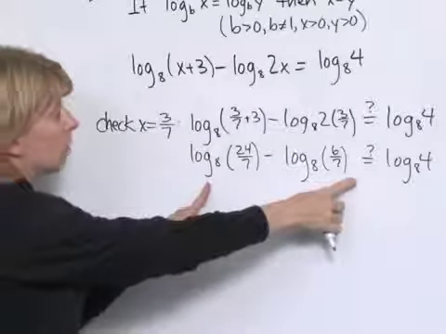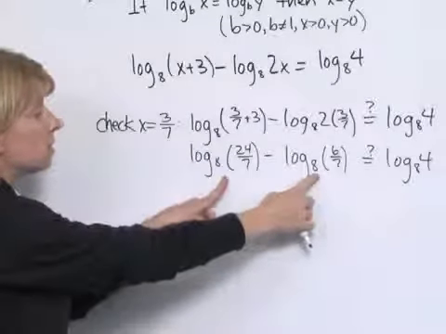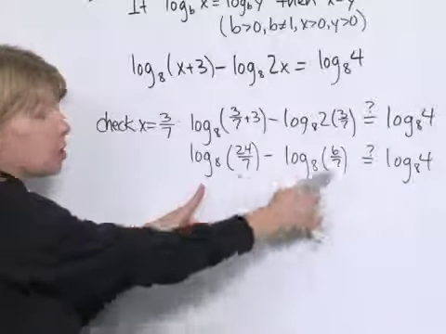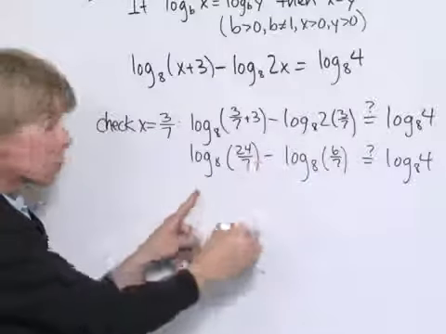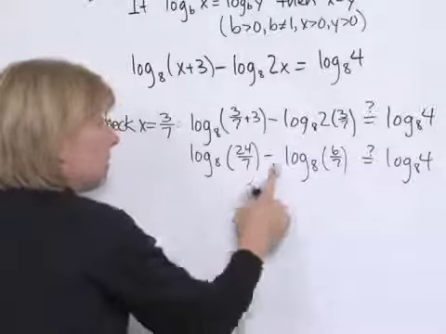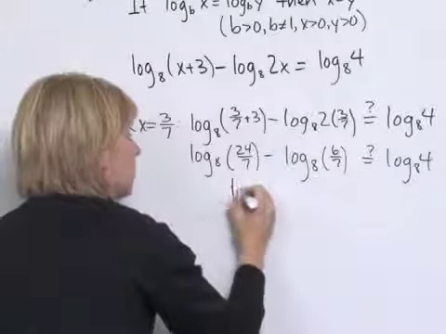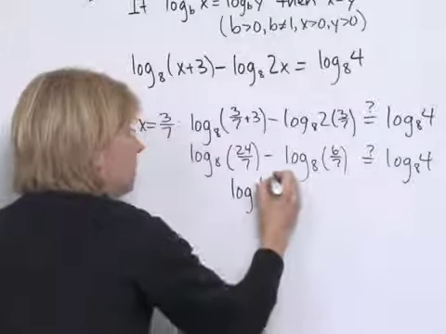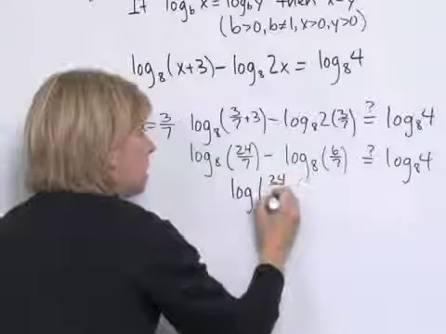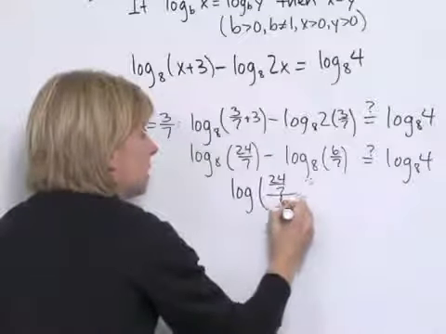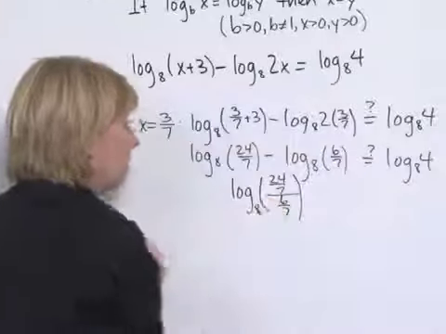We can write this as one log. We've got the same base, so we can use the property that says if we're subtracting one log from another, we can write that as one log if we divide this by this. So we'll have 24/7 divided by 6/7 base 8.